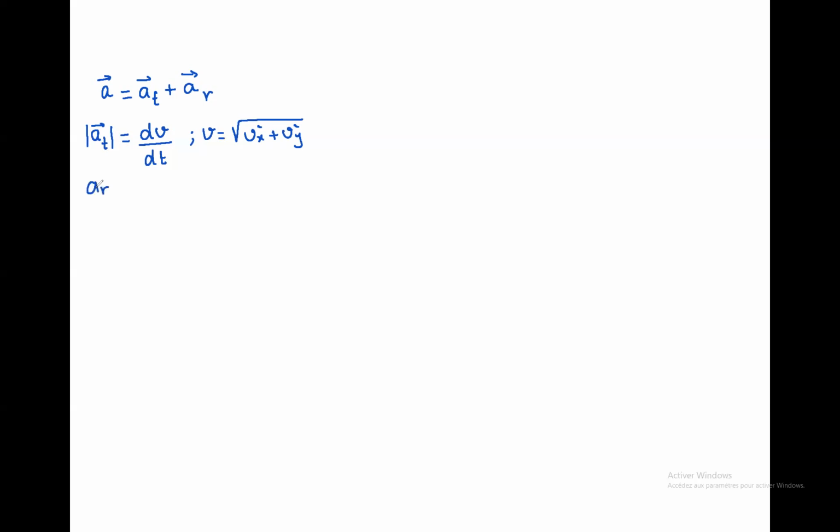A radial magnitude equals V squared divided by the radius, and V squared equals Vx squared plus Vy squared.